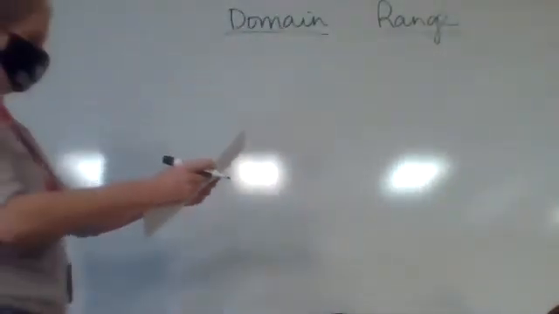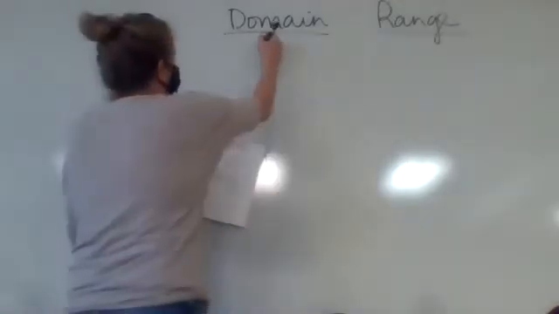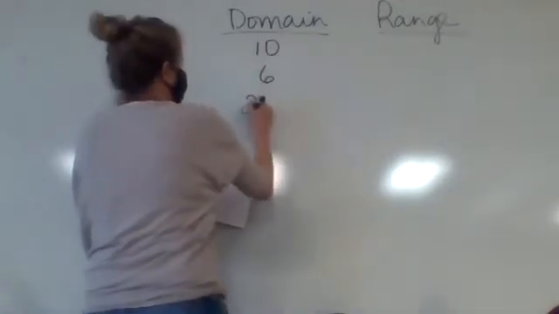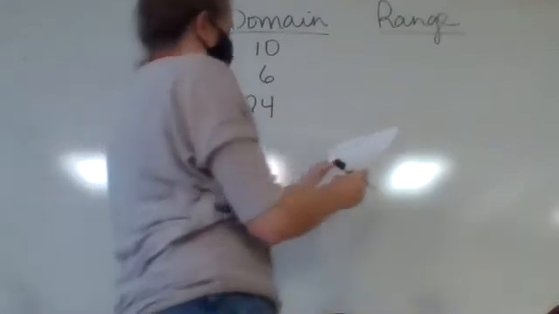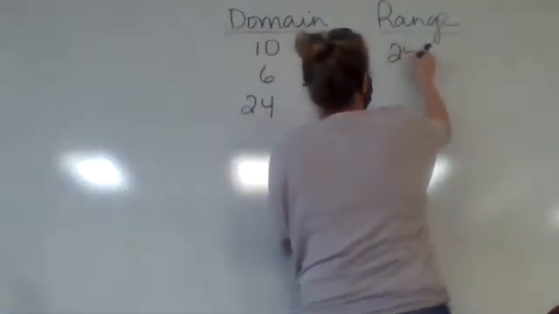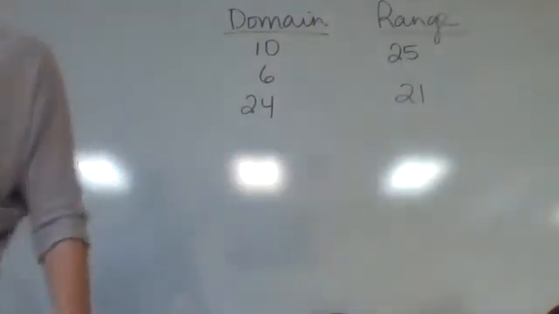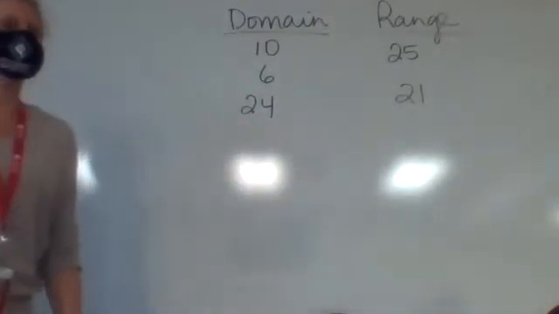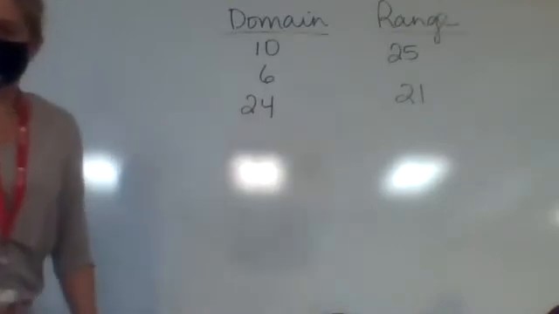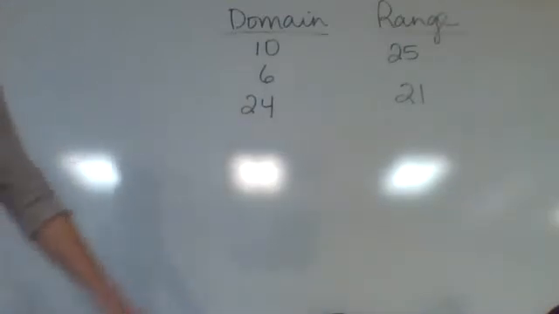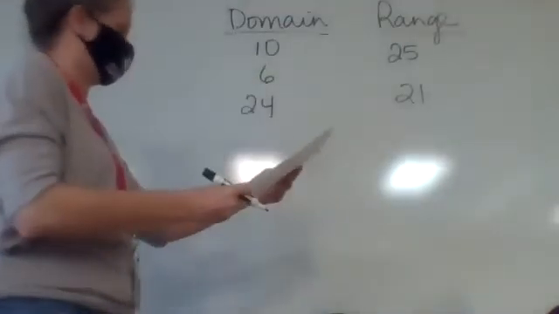The values in my domain column are 10, 6, and 24. The values in my range column are 25 and 21. Each one in the domain has an arrow coming out of it.